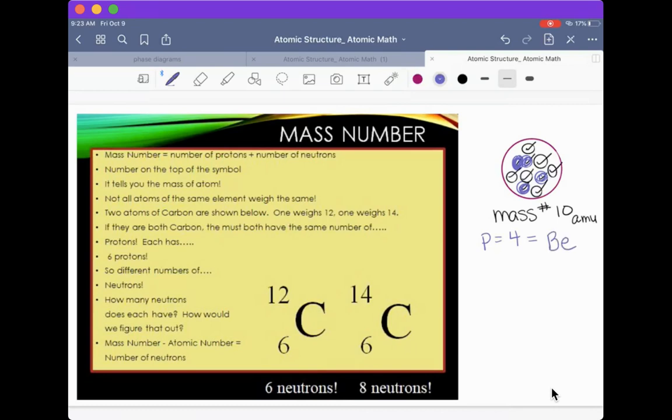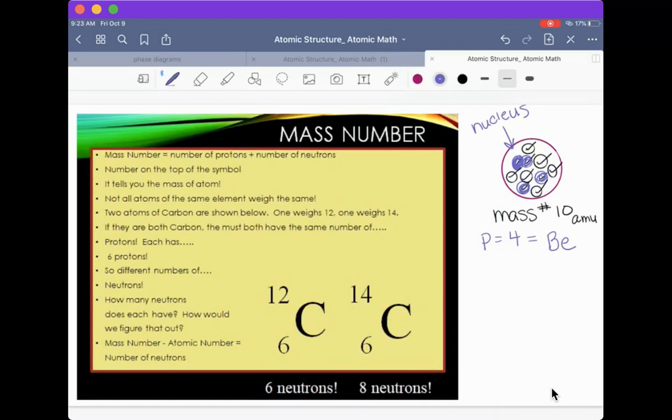But the mass number is the number of all the subatomic particles housed inside the nucleus. We do not use the electrons to determine the mass because remember, the electron is so small in comparison to protons and neutrons that it doesn't affect the mass significantly. So we tend to ignore the mass of an electron.